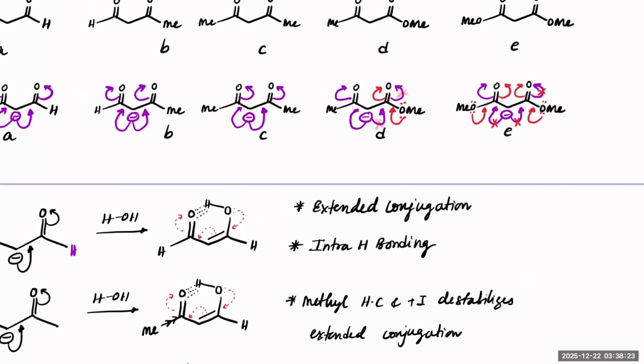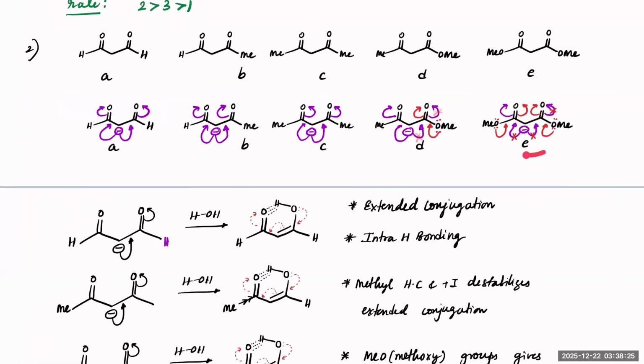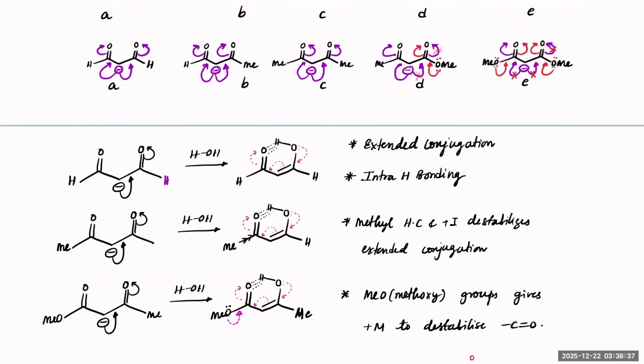So what have you noticed, that in the last case we have the worst resonance. This one is still okay, this one is better, much better, this one is much better, and the best is this A form. Okay. So when you remove this H plus, we expect it to migrate. So it will migrate on this oxygen.